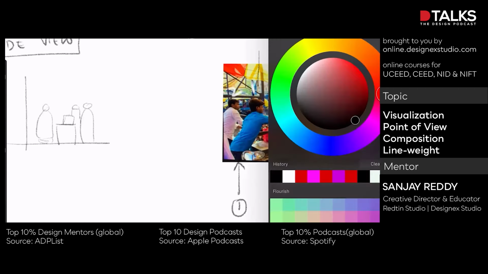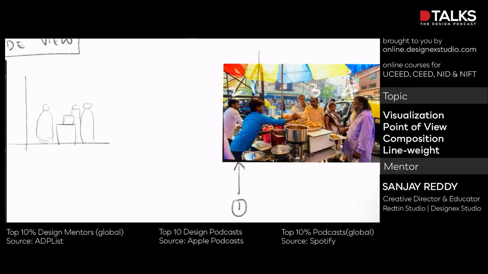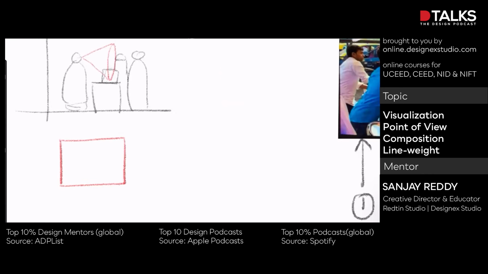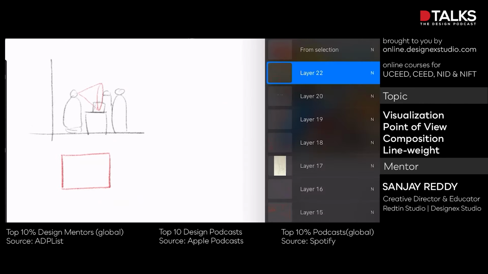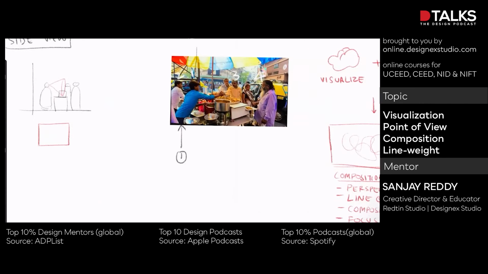Now what I'm going to do is I'm going to make point of views here. So this is what he's seeing. So if we want to draw a sketch for this, what will he see? I'm going to bring in this also here. You see in the reference also.